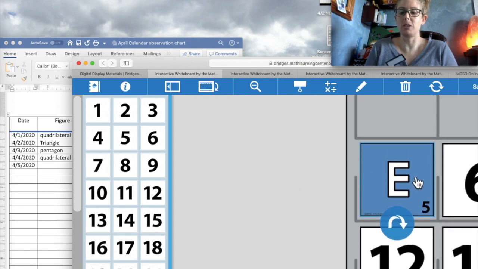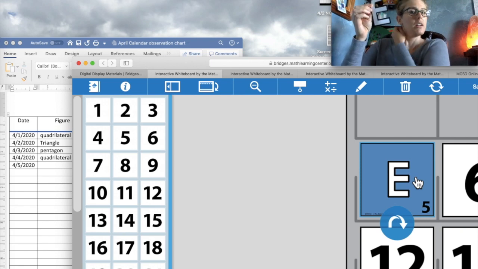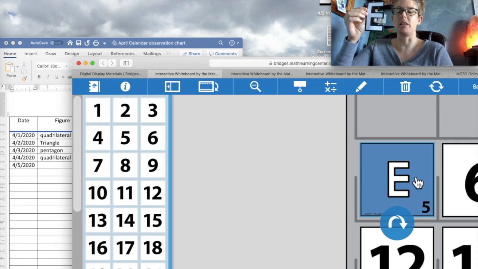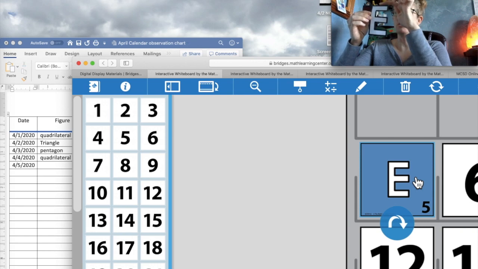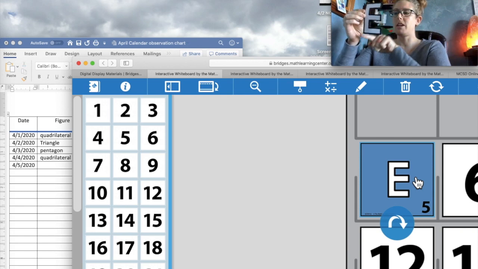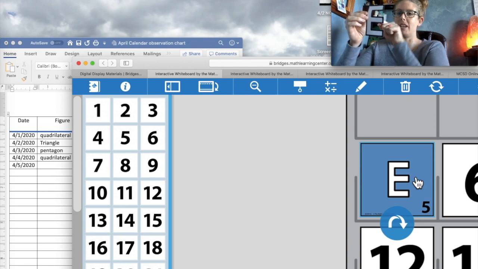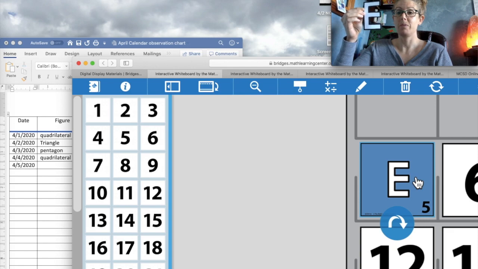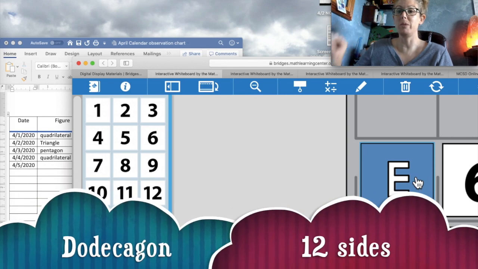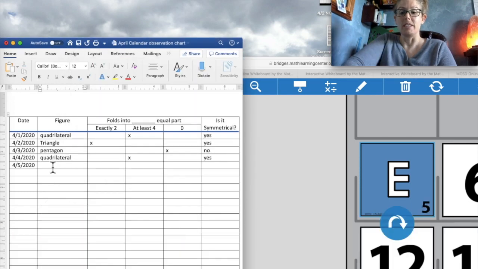How many sides do we have here? And I'll show you my letter E. Let's count those sides together. 1, 2, 3, 4, 5, 6, 7, 8, 9, 10, 11, 12. 12 sides. The figure is called a dodecagon. Can you say that with me? Dodecagon.